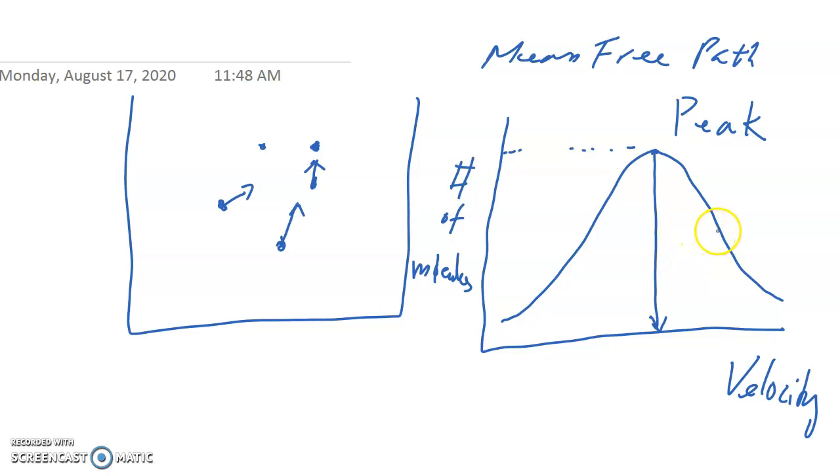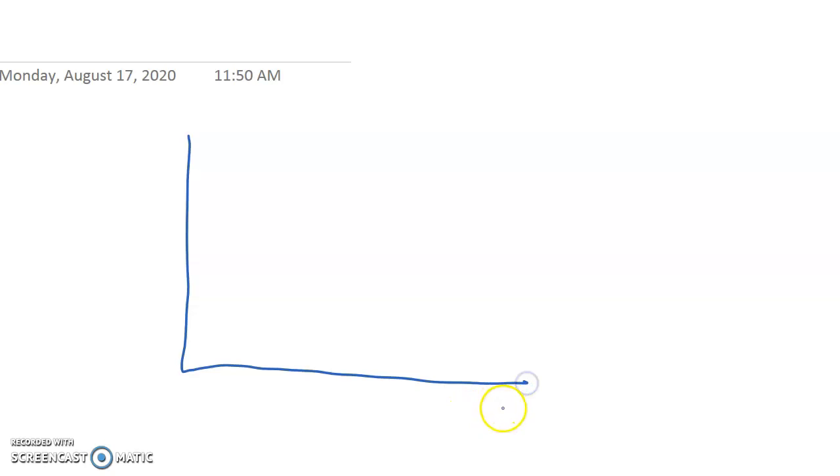Molecules can move at this velocity, or at this velocity, and a certain number of molecules are actually moving at very high velocity, but not too many of them. If this curve is symmetrical, the peak value should be equal to the average. However, the curve doesn't always look symmetrical.